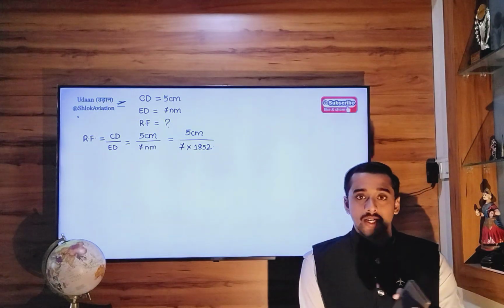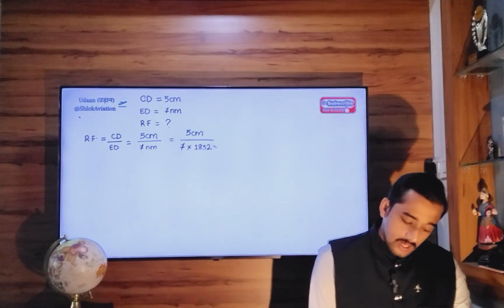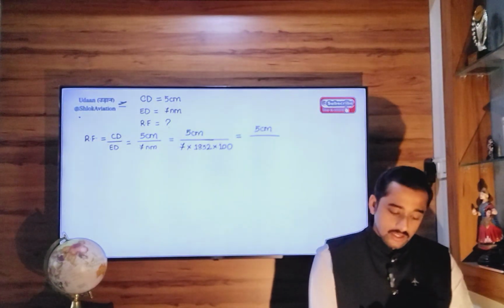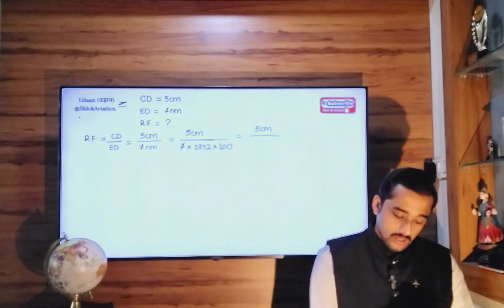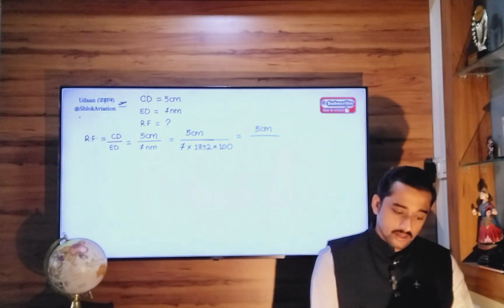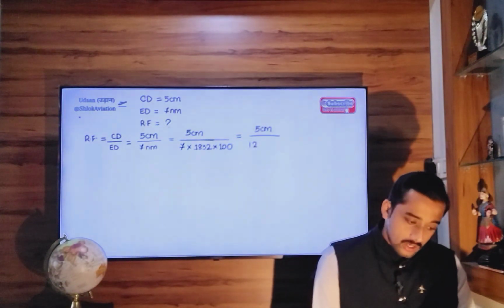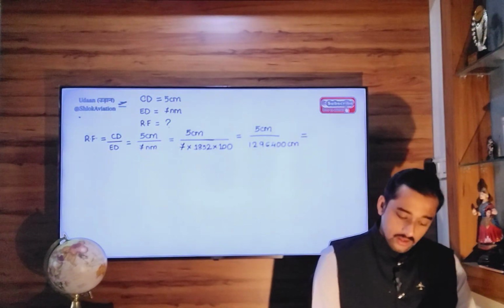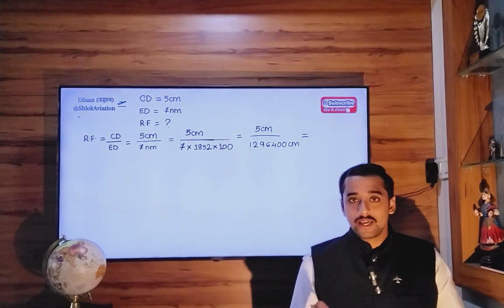So 1 meter is 100 centimeter. So 1852 multiply by 100. So 5 centimeter divided by 7 into 1852 into 100, that is 1296400 centimeter.